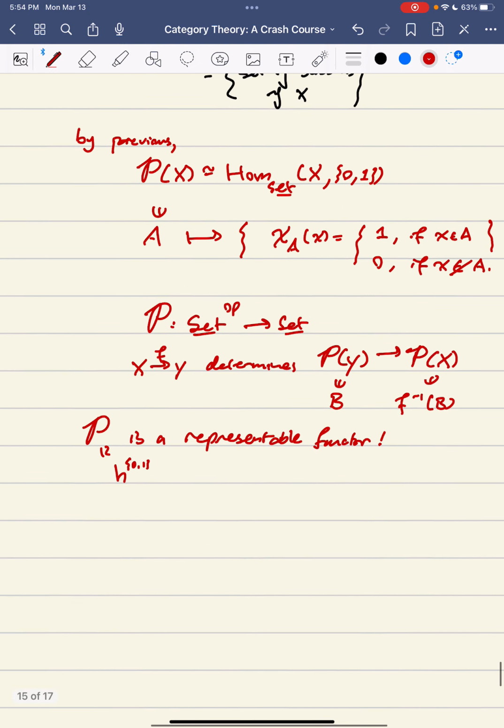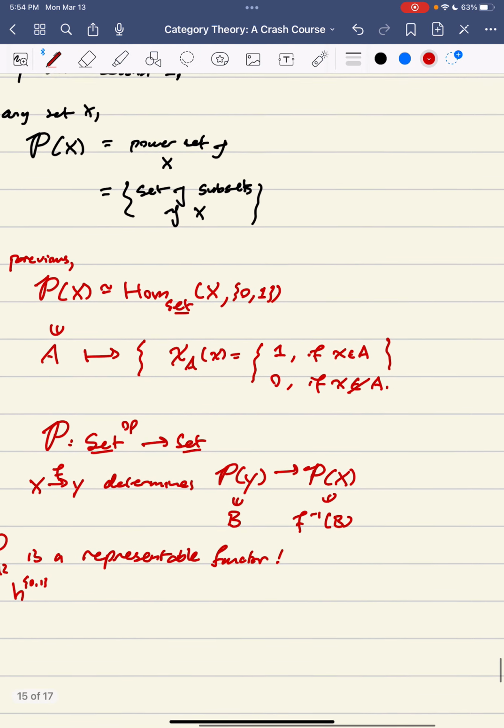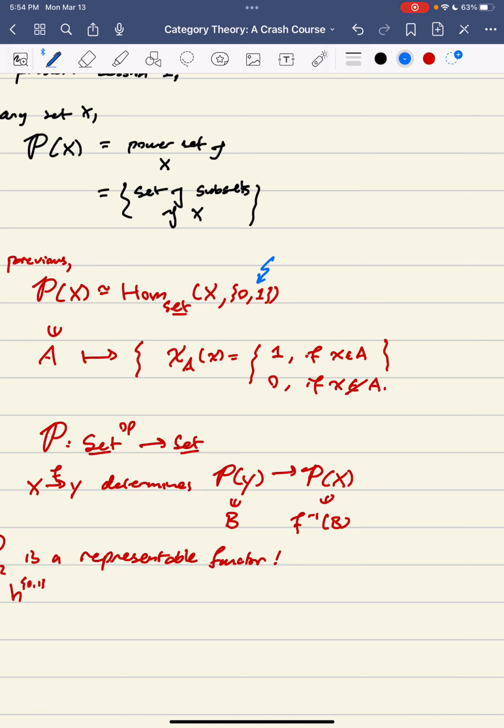This ends up being a super important thing, because in the category of sets, this thing here is something called a subobject classifier.